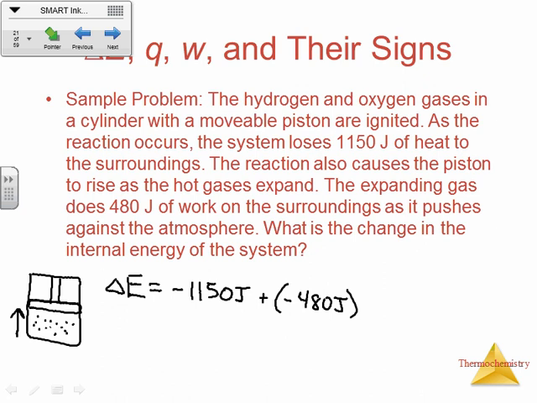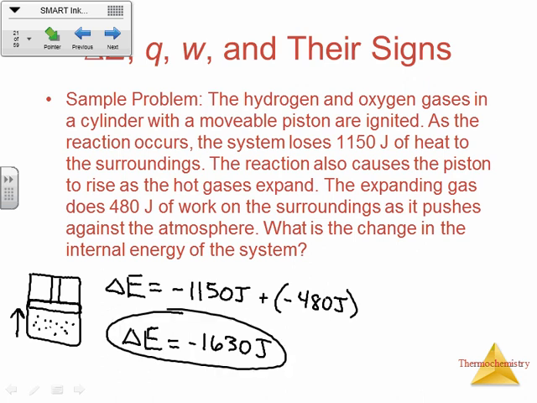Overall, the system loses energy when this happens, which makes sense. Usually a combustion reaction gives off heat and energy into the surroundings, so it's an exothermic reaction. Hopefully you remember talking about that last year. Negative 1150 plus negative 480 gives us negative 1630, and that's our overall energy change.